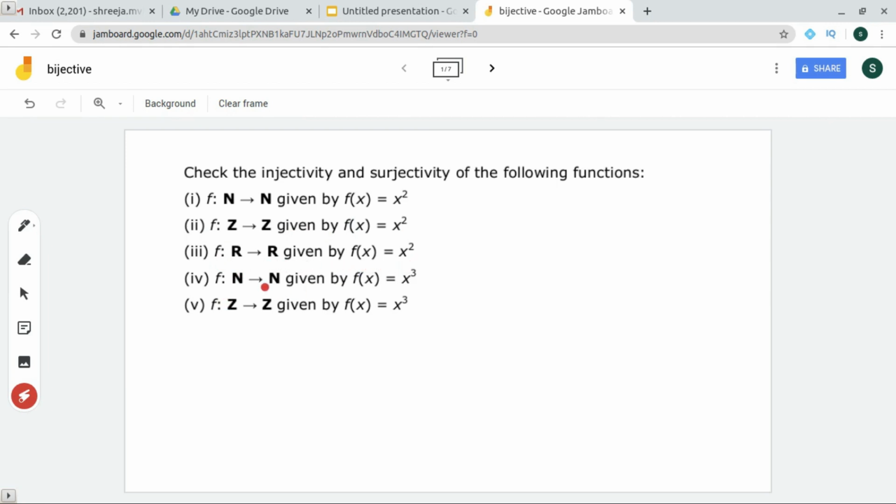And f from N to N given by f(x) = x³, f from Z to Z given by f(x) = x³. For the first three problems we have the same function, f(x) = x², but in the last two we have x³. Here f from N to N, f from Z to Z, and f from R to R, we have the same function x².